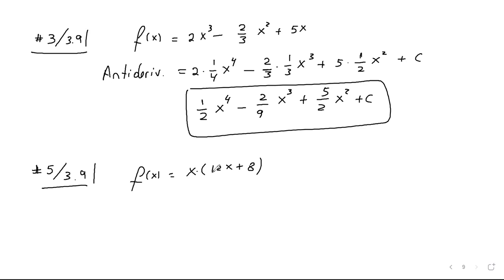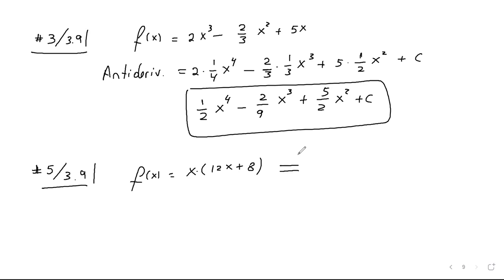How do we do the antiderivative of that? Well, we're going to apply a little bit of a trick here. First of all, there is no such thing as a product rule for antiderivatives. In fact, there is something related to the product rule, which is called integration by parts. You will do that in calculus 2, but we don't do that here.